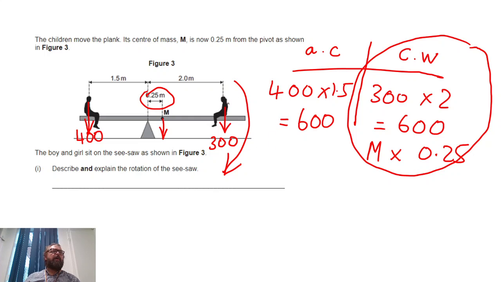The side with the girl on will go down because the mass of the plank is acting through its centre of mass, causing a force, its weight, which is causing a clockwise turning effect.